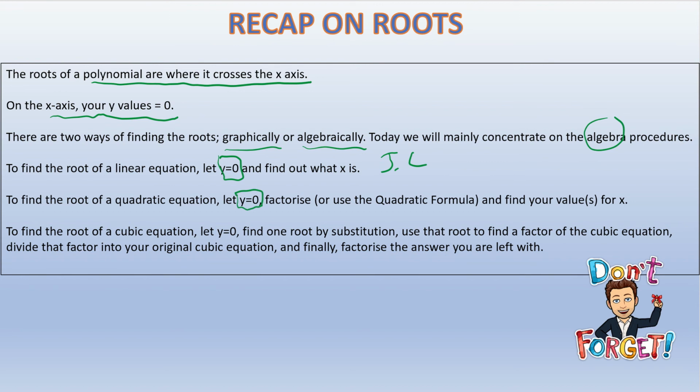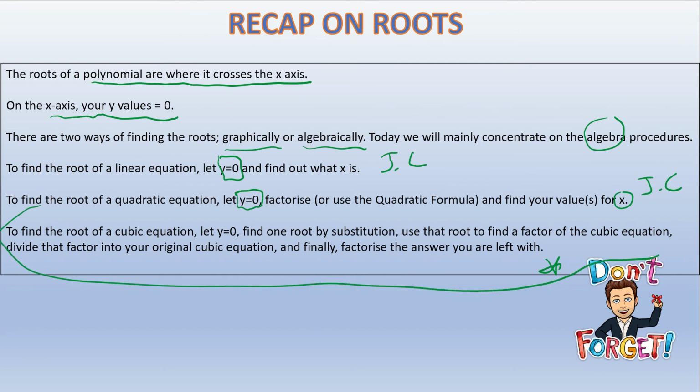And you can factorize, or you can use the quadratic formula, sometimes called your minus b formula, to help you out. And you'll get two values for x at the end. So again, that's your Junior Cert. And I'm not going to talk too much about the last step here just now. I'm going to loop back around to that because this here is your step up.